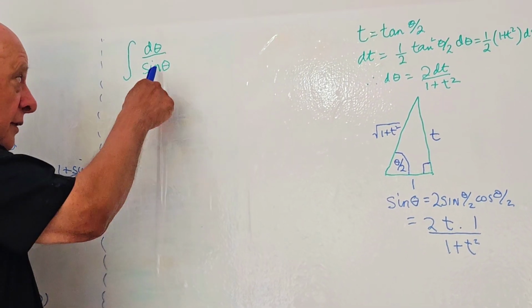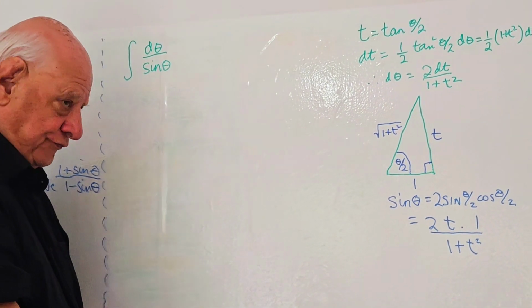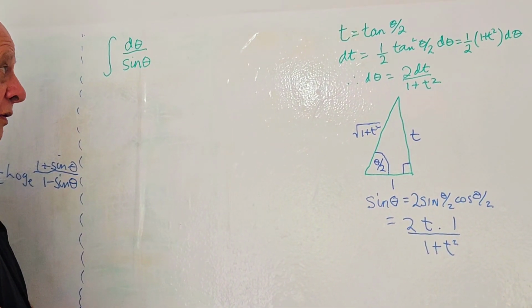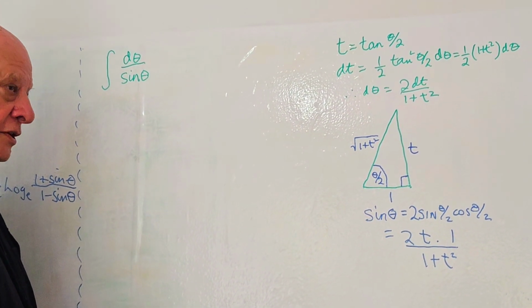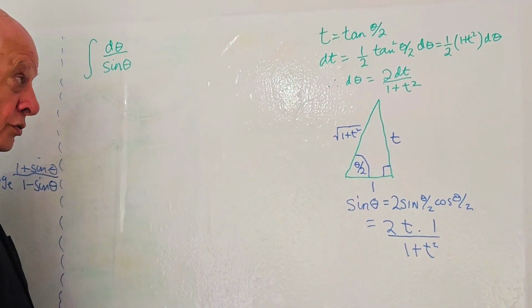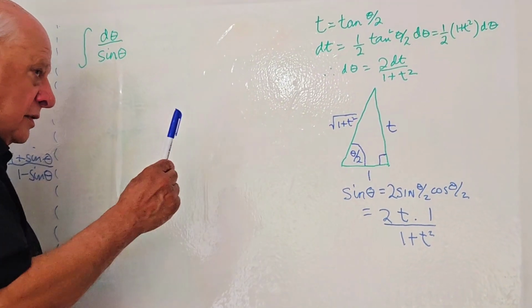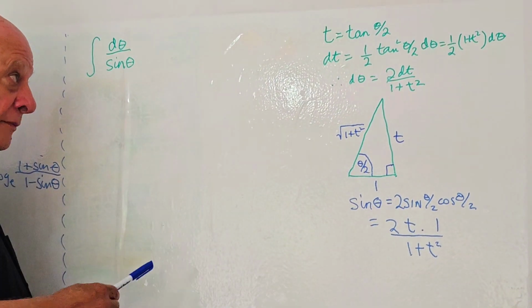Right, I've already done one of those in a previous video without using any substitutions, but I'm going to redo this using a substitution that is widely used whenever trig functions are involved, and that is the main reason I'm going to do this one again.